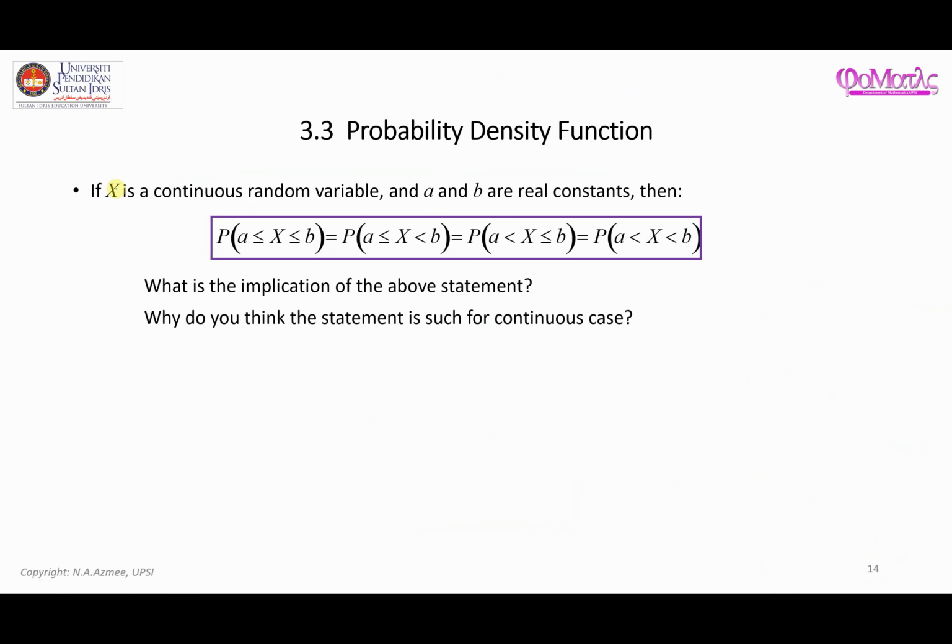Now, if x is a continuous random variable, where a and b are real constants, real numbers, the statement here holds true.